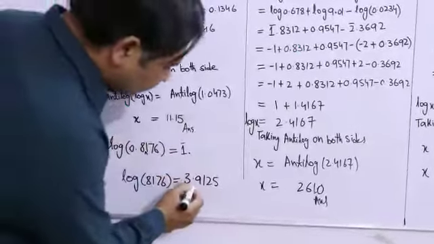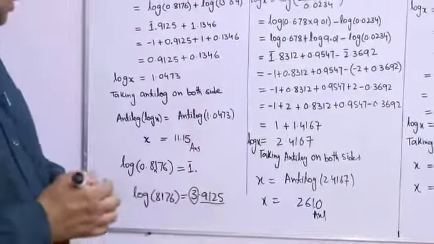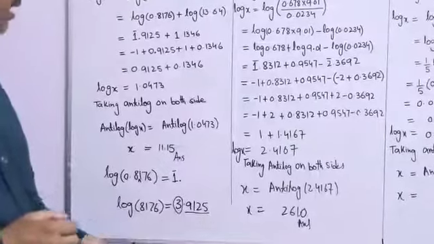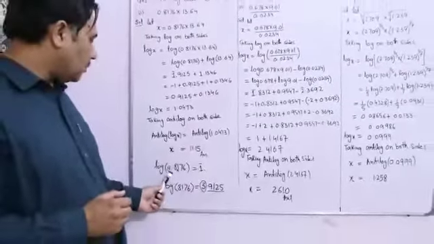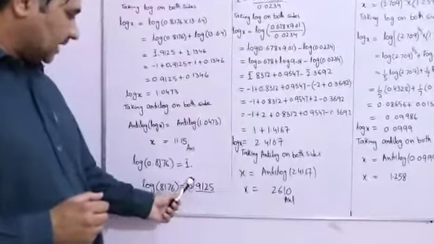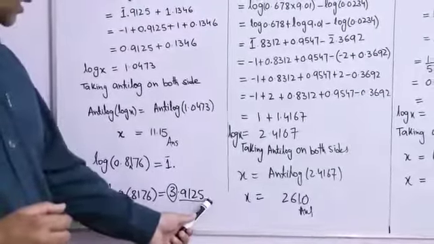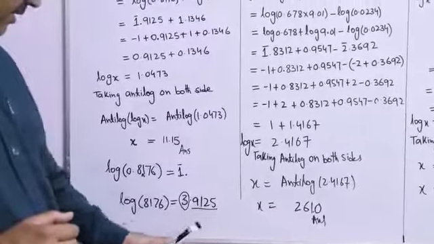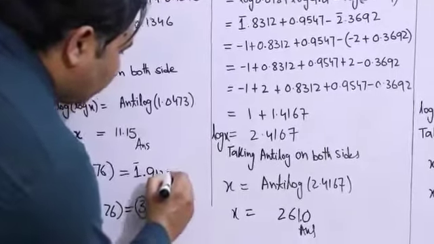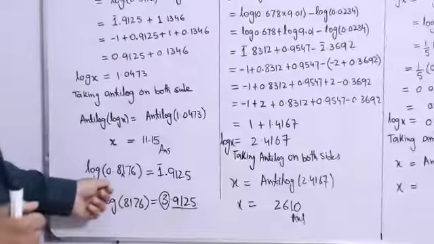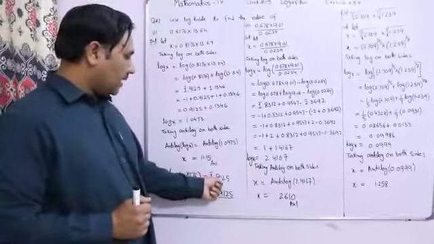We use only the decimal part; we will not use the integral part. Here the characteristic is minus 1, so that's why we omit the 3 that the calculator shows. We use only the decimal part, which is 9125. So log of 0.8176 is equal to 1 bar dot 9125.